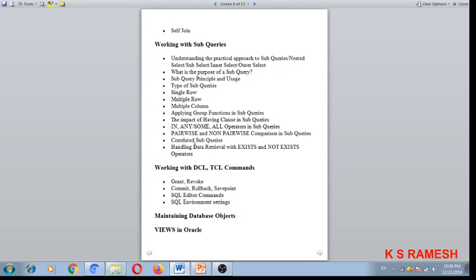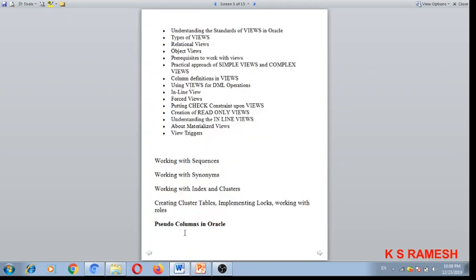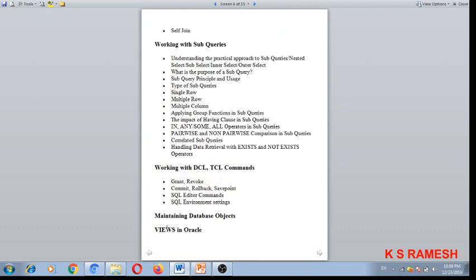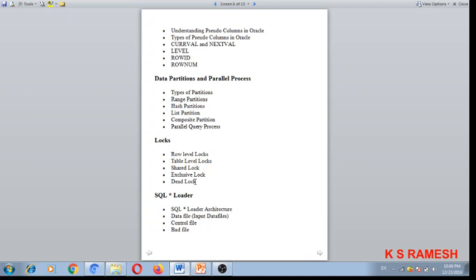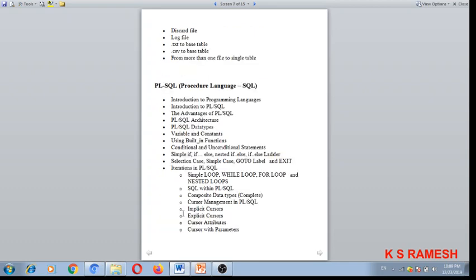Very interesting topic it is. Working with DCL and TCL commands, grant and revoke, and the most important concept of views, types of views, and sequences, synonyms, indexes, pseudo columns, some logs, and SQL loader. That means moving the data from legacy system to Oracle tables.